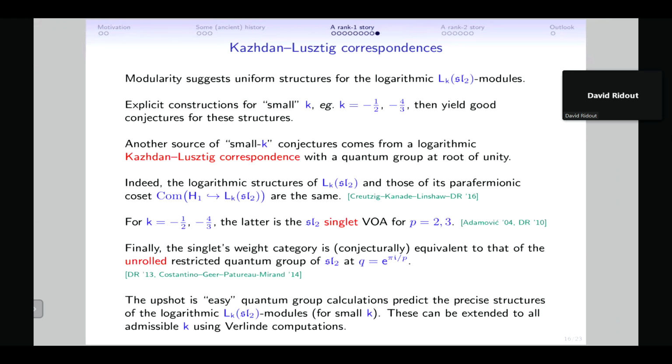The quantum group itself is not finite dimensional, but all of the modules in the category are. So you can just do brute force calculations and figure out, what does my projective look like? Oh, it looks like this, and then use the Kashtan-Lustig correspondence to get some extremely non-trivial predictions about what is going to happen on the SL2 side, on the VOA side.